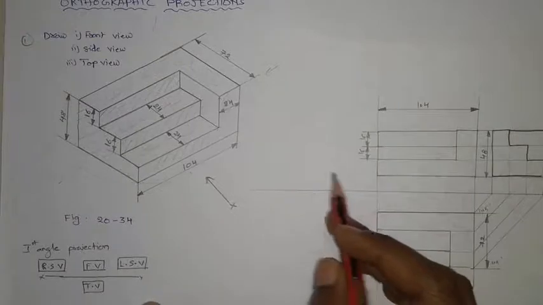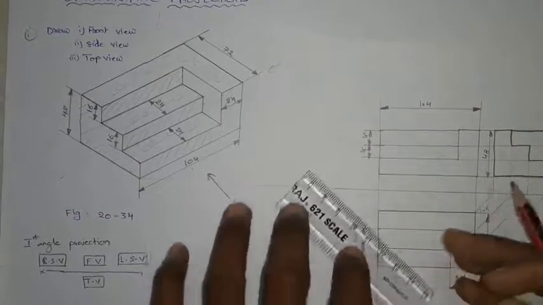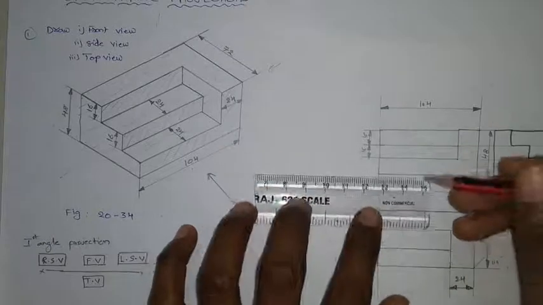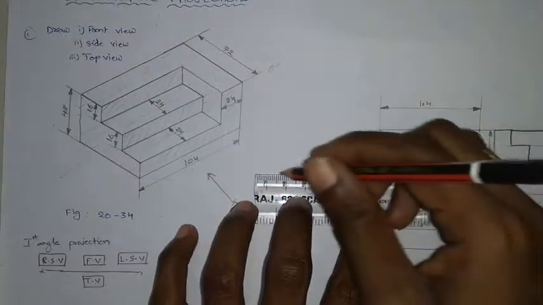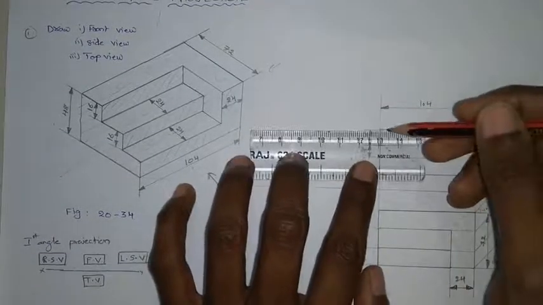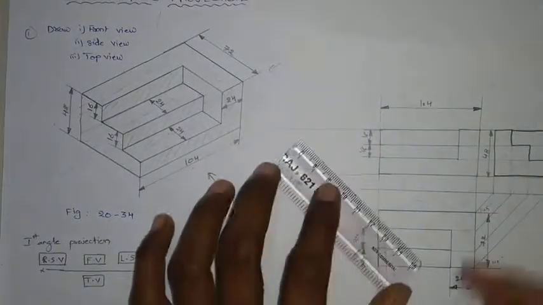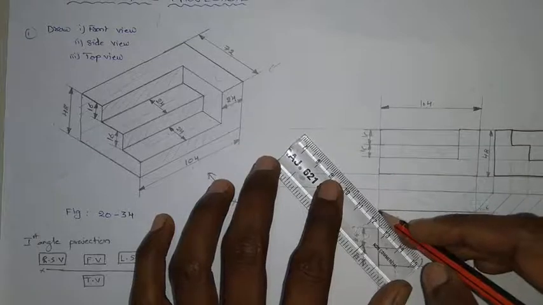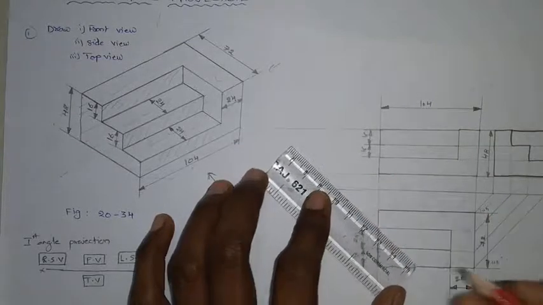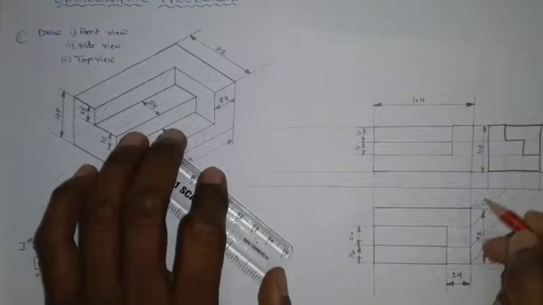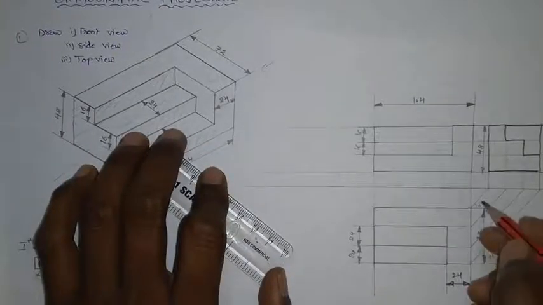Okay, so if you project this side with the help of a 45 degrees line, you are going to get the box. And here you need not take 45 degrees. With the help of a compass, you can draw the arc. Here I have projected 45 degrees, but we have one more option.